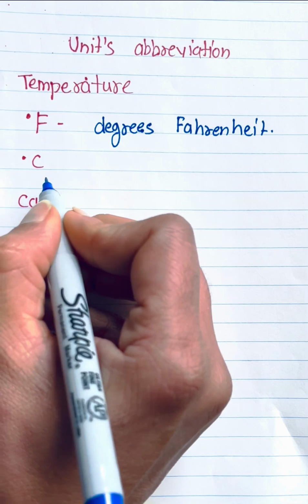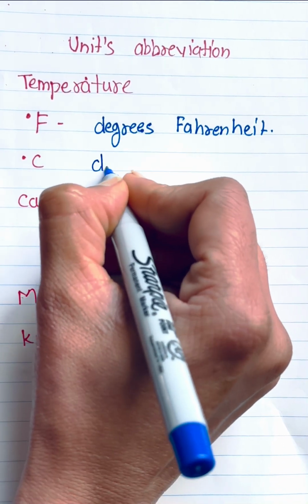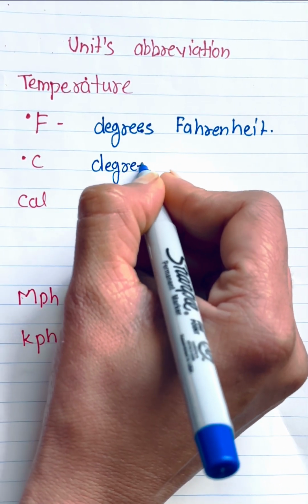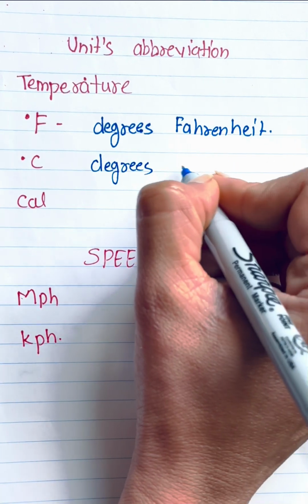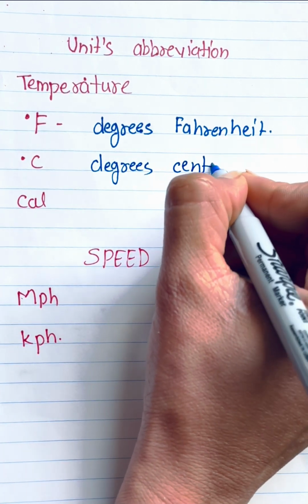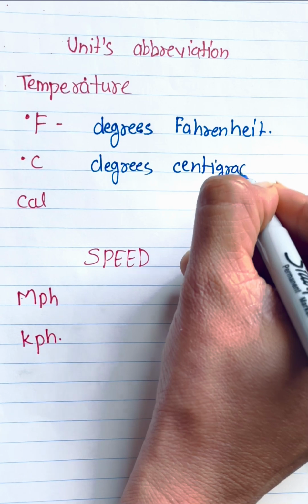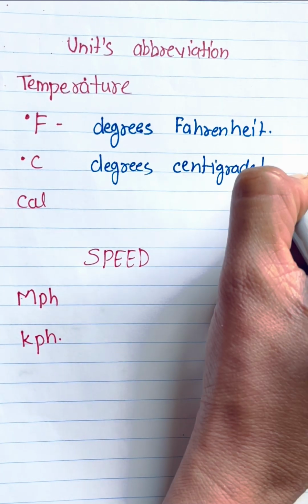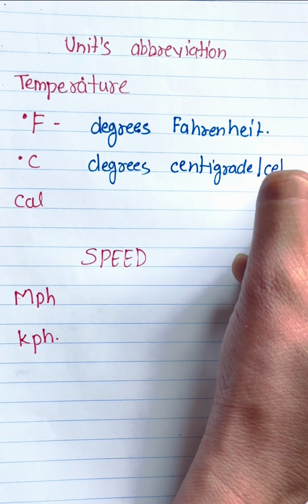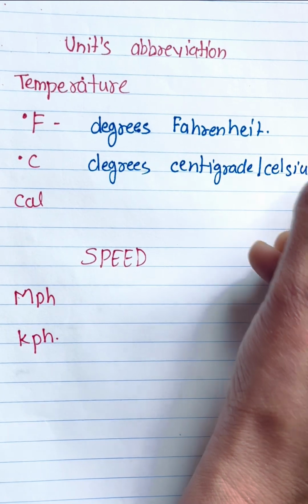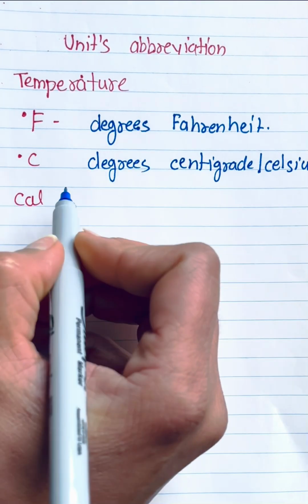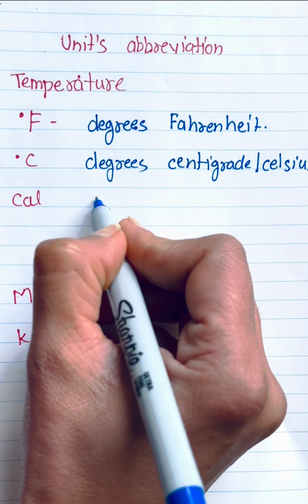And then degree C is degrees centigrade or Celsius. Cal is for calories.